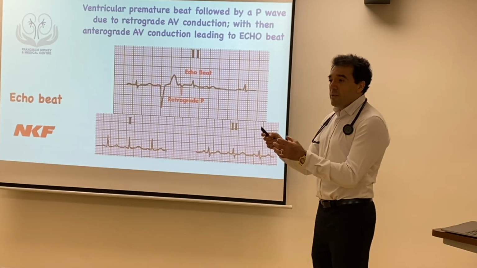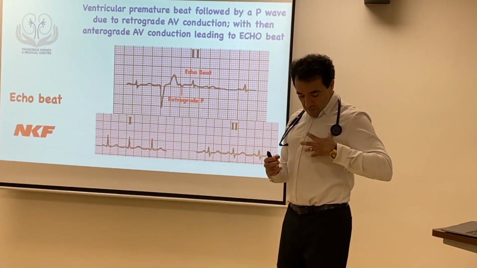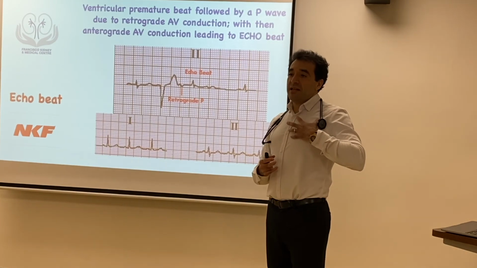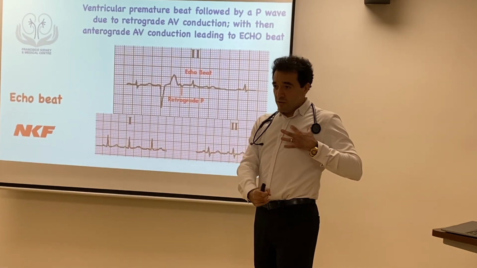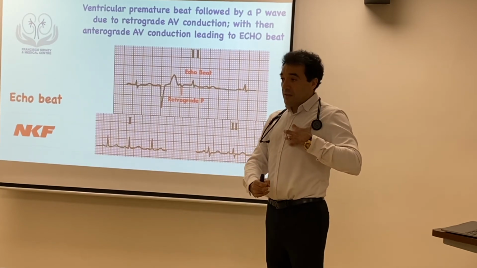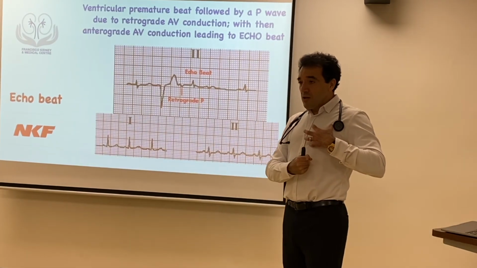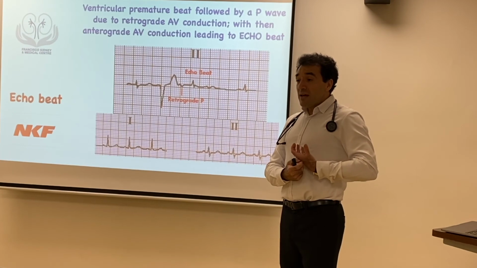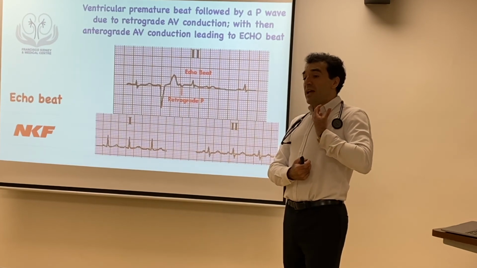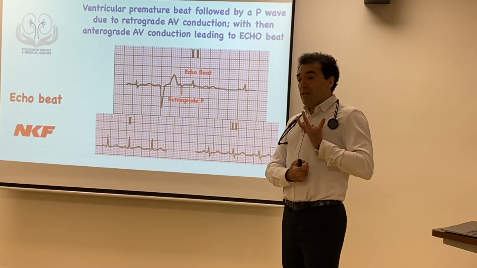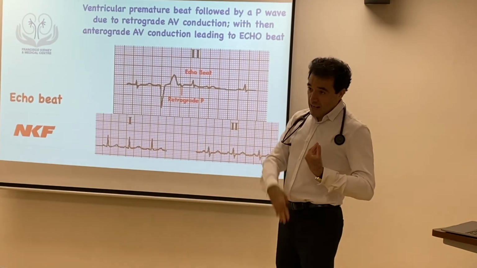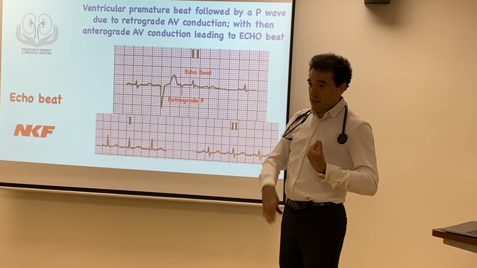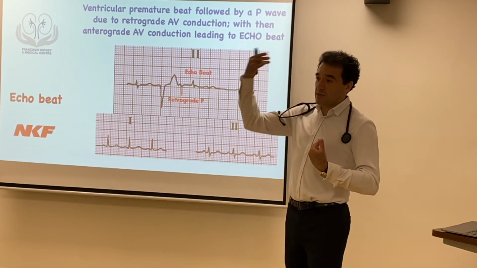Normally the sinus node activates the atrium, and then the impulse goes to the AV node and then the ventricle. This premature beat retrogradely goes back and activates the atrium, then causes the atrium to contract. Normally it should go in this direction only, then the next beat.